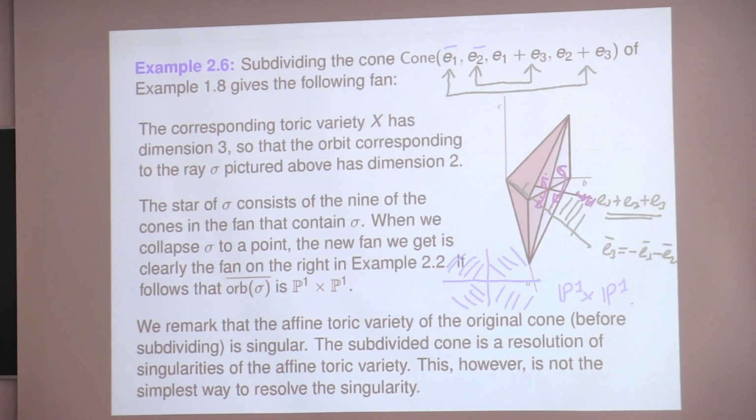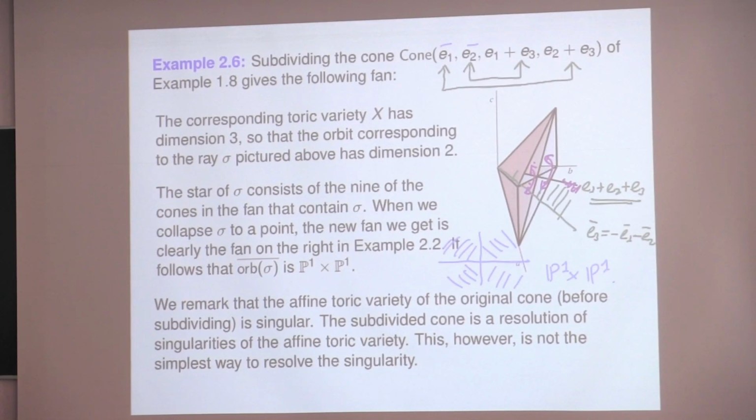Actually, the orbit is the torus of that one. So it's a torus, and it's the torus of the toric variety that is the orbit closure. Thank you for asking.